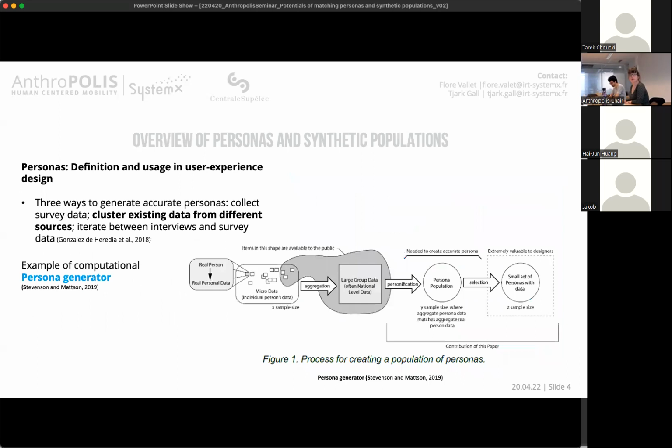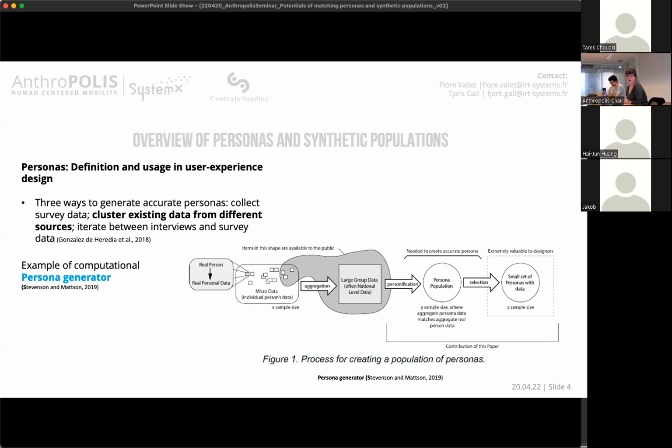To generate more data-based personas, there are some approaches. We can name basically three streams: collecting survey data to be able to build more statistics, a statistical way of building personas.